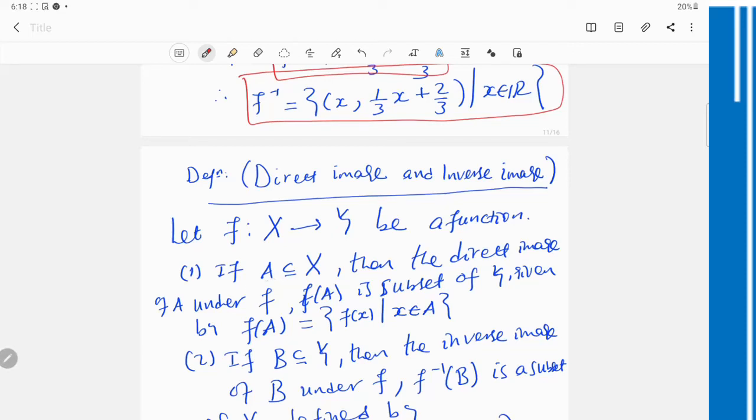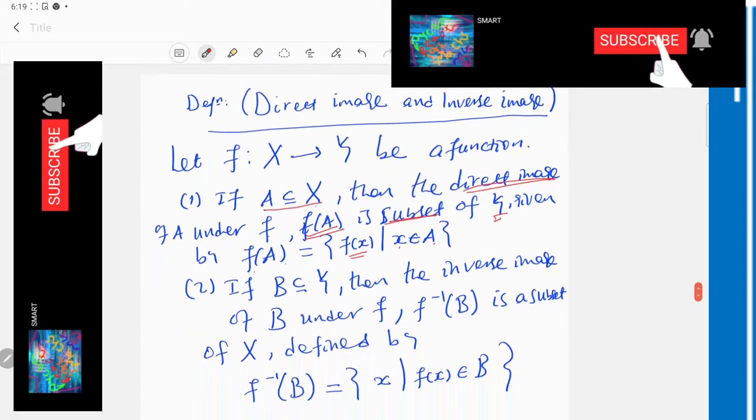If you have a subset A of X, then we say the direct image of A under f is f of A, which is a set and a subset of Y. It is given by f of A, meaning the set of all functional values f of x whereby x is taken from A. So we say this is the direct image of A under f.